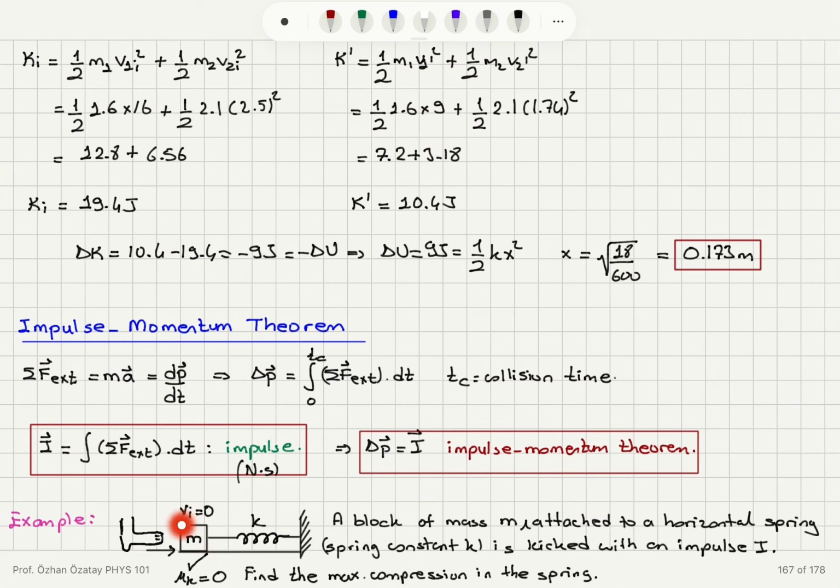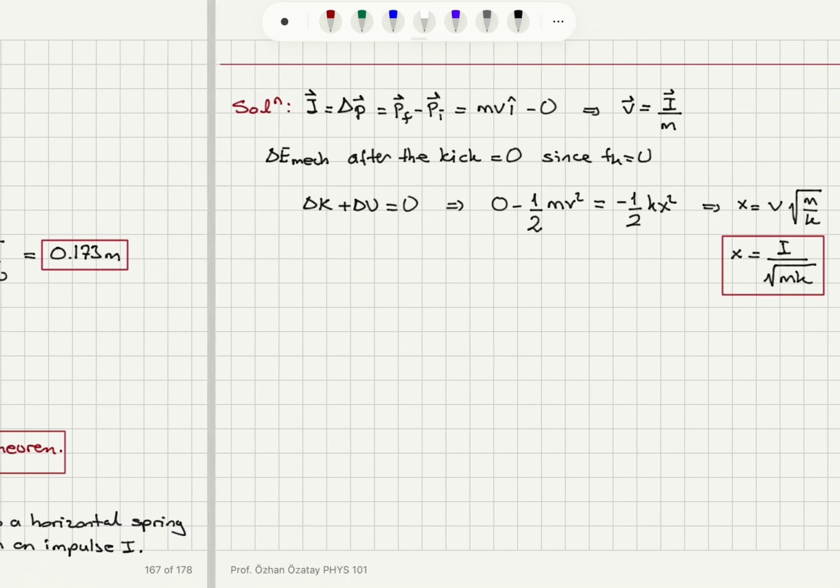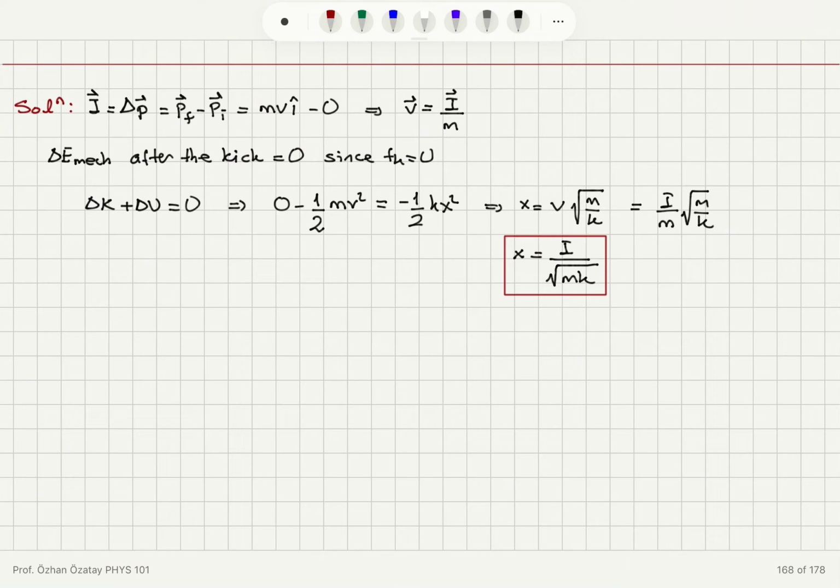Right after the kick, I gain kinetic energy, and this kinetic energy will be converted to potential energy as I compress the spring. Since there is no friction in the system, mechanical energy is conserved. So the maximum compression I find to be I divided by the square root of mk. Maximum compression corresponds to 0 final kinetic energy.